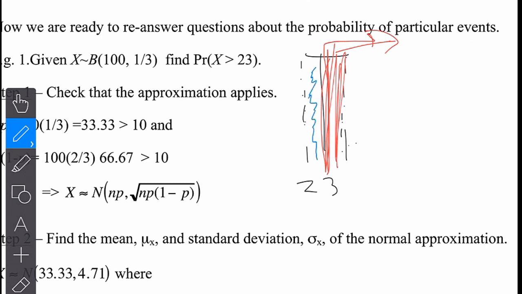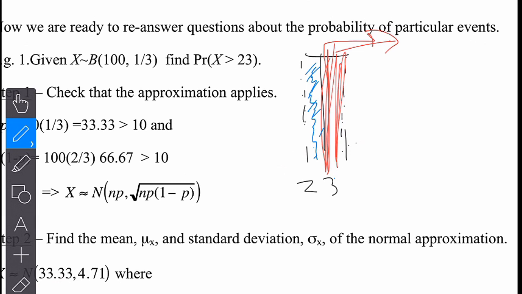The continuity correction involves accounting for this piece as well. And the way you do that is, rather than going to 23, we've built a bar that's 1 unit around each spike. So it's 0.5 on either side, on either margin.